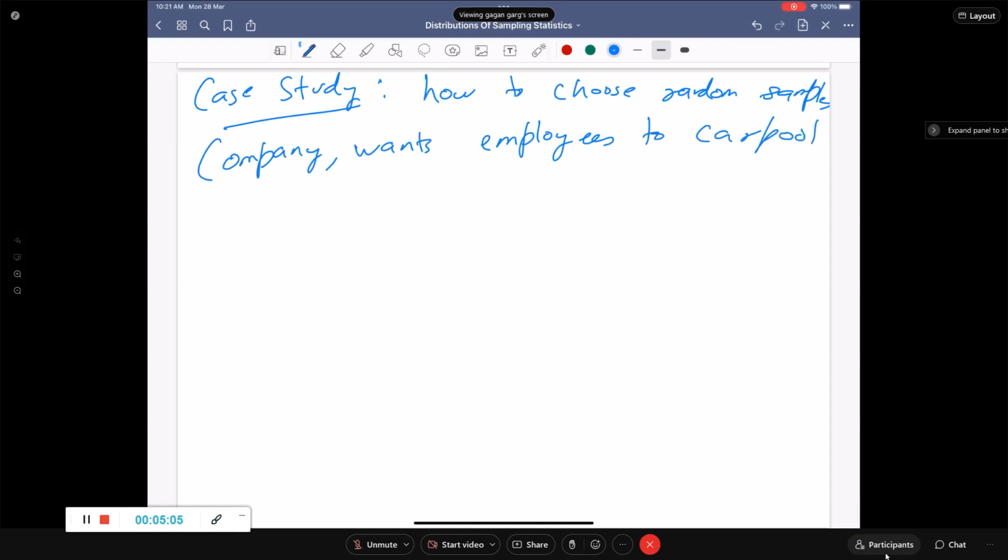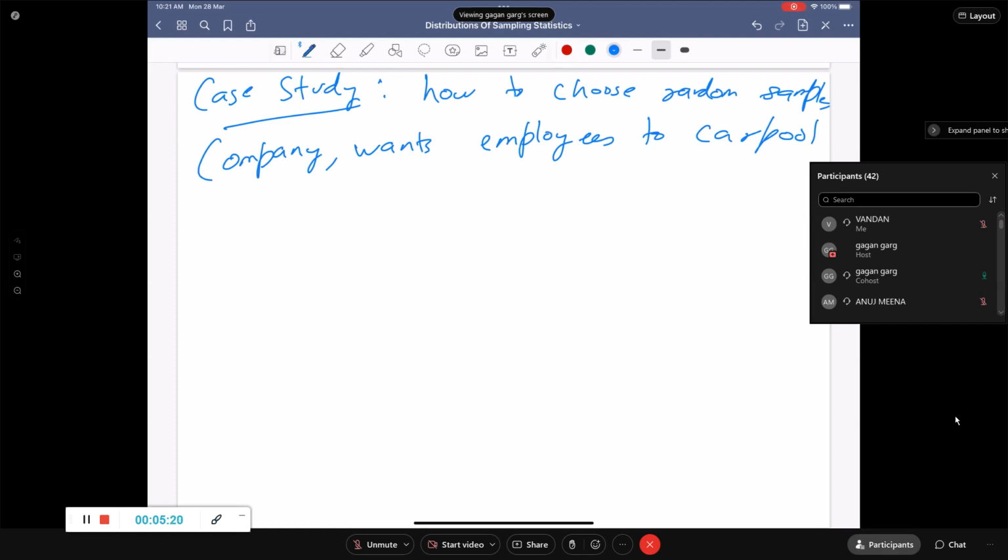It wants to reduce the carbon footprint. It wants many people to come in the same car together. Maybe another motivation could be that the number of parking spaces in the organization are low, and it wants to ensure that more and more people come together as much as possible.